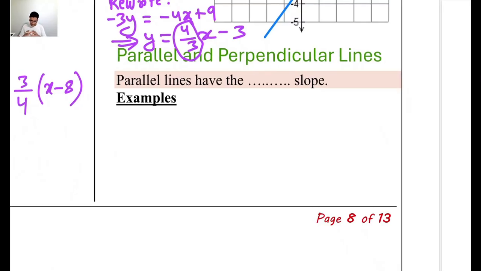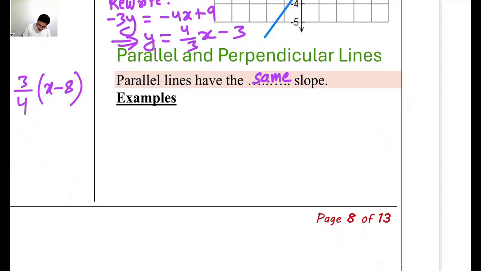I'll move on. The concept of slope leads to the concept of parallel and perpendicular lines. Parallel lines have the same slope, or we say equal slopes, right?